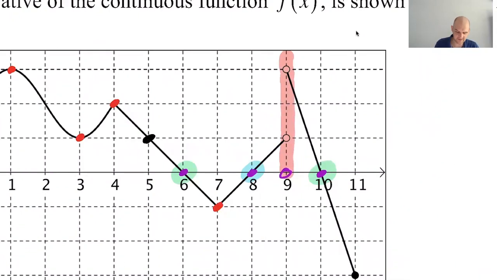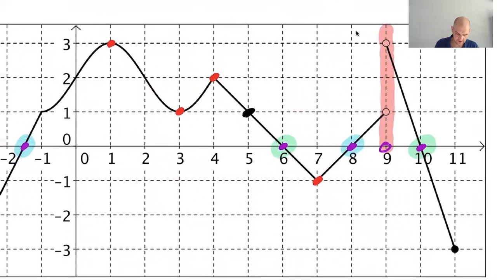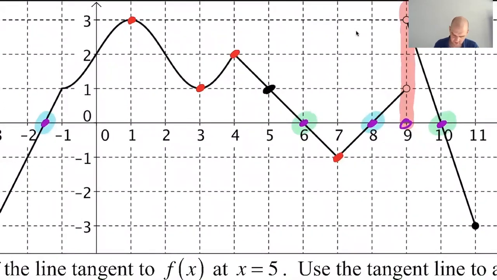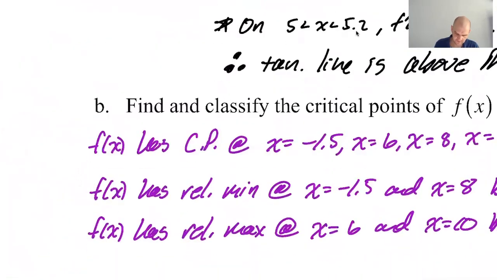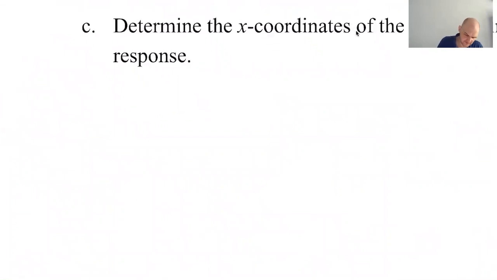So I'm going to say these 4, 1, 2, 3, 4, are points of inflection because f prime has a relative extrema. Then I'm going to say at x equals 9 because f prime changes from increasing to decreasing. So that's my game plan. So 1, 3, 4, 7. Let me just write that.